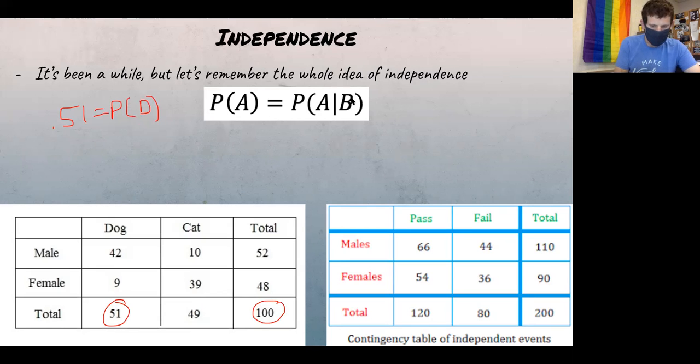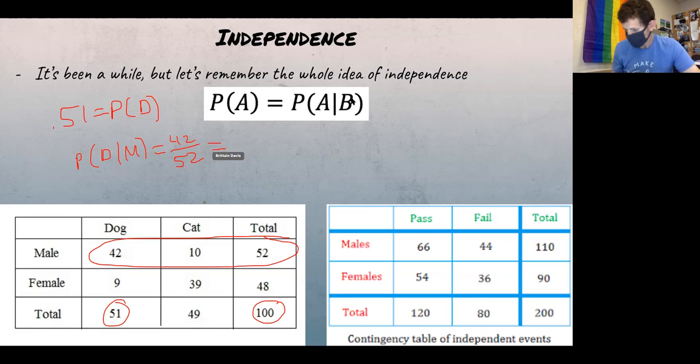Now, the probability for preferring dogs on the condition of being a male is, now we're looking at the conditional probability right here, 42 out of 52. And 42 out of 52 is definitely not 0.51. That's 0.81.